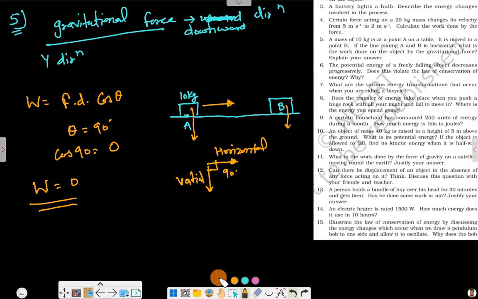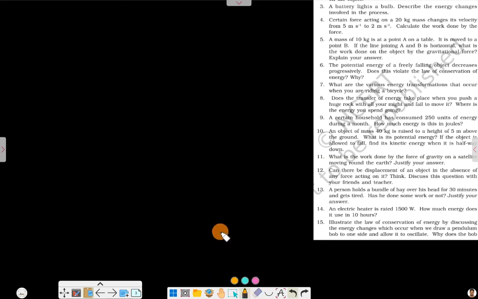Coming to question number 6. Potential energy of a freely falling object decreases progressively. Does this violate the law of conservation of energy? So let me draw here.